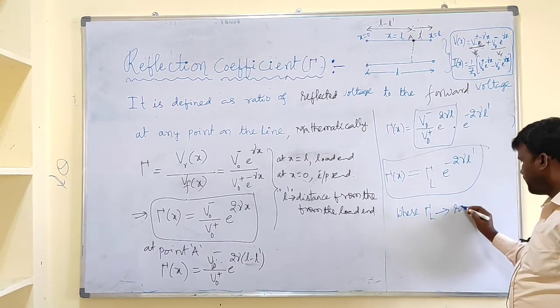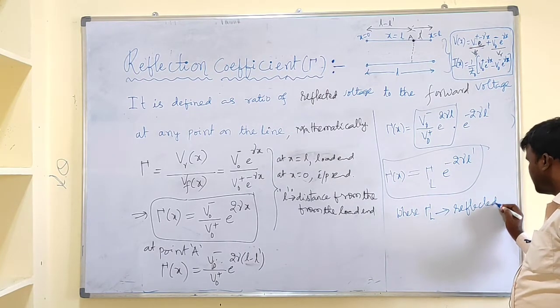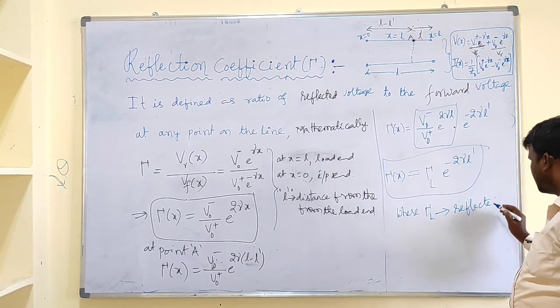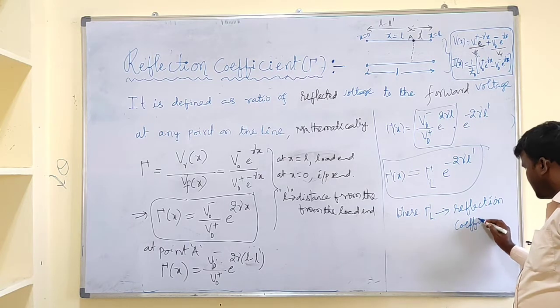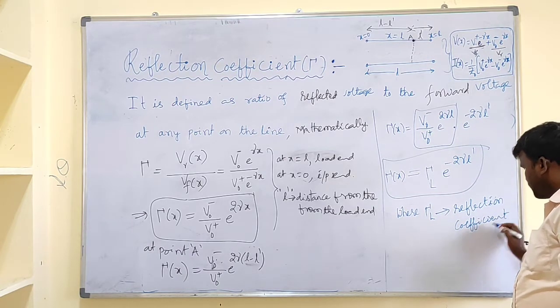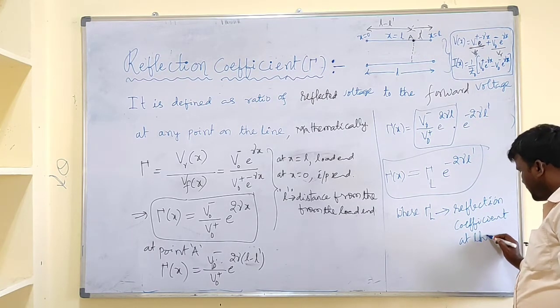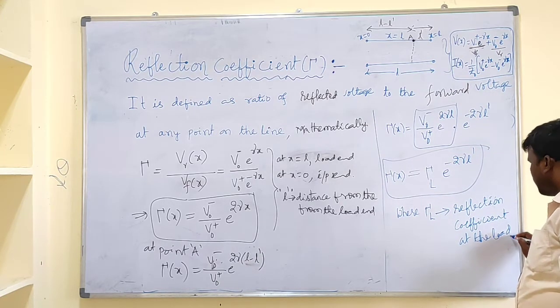Gamma L is the reflection coefficient at the load, and what about L dash?